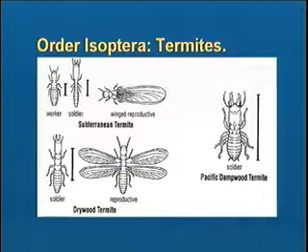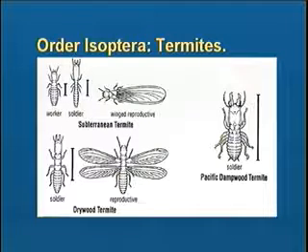So here you can see the different caste individuals in the winged reproductive. And I'm going to show you a slide towards the end of my presentation. The reproductive are winged so that they can disperse and go out and recolonize.